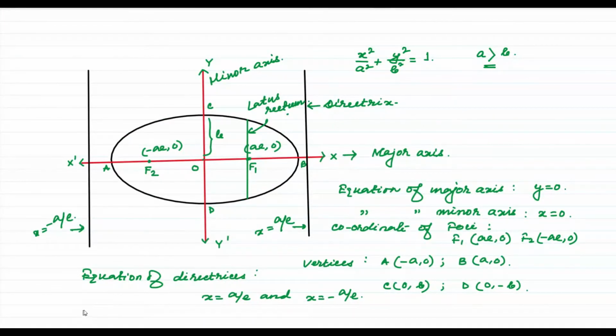So the length of the latus rectum is equal to 2b square by a, and we have already taken the origin at the center of the ellipse.